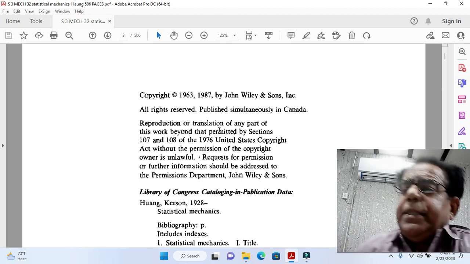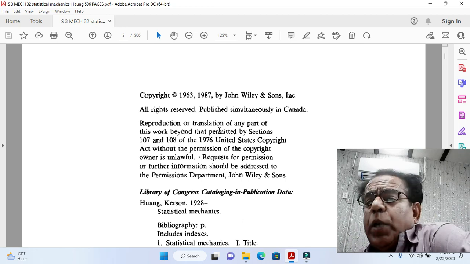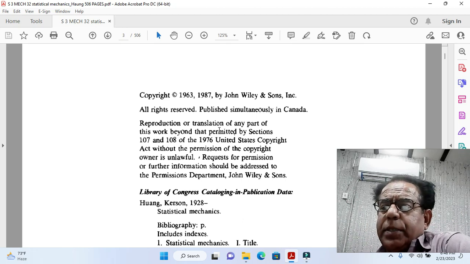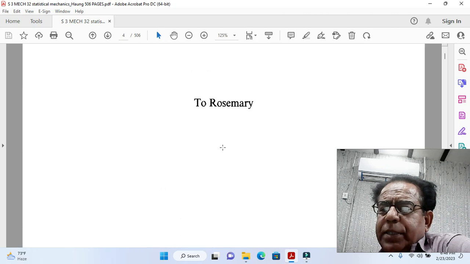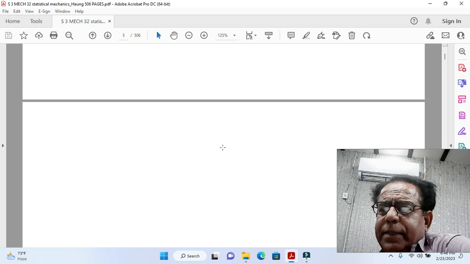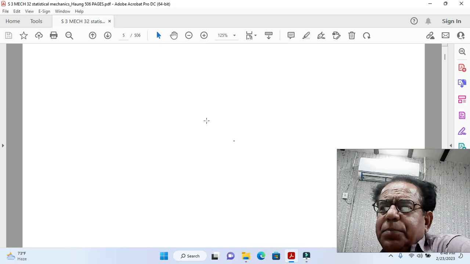So it means two editions of this book have covered 14 years. After 14 years its second edition was published.